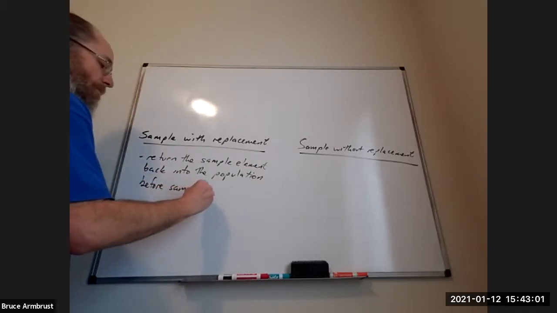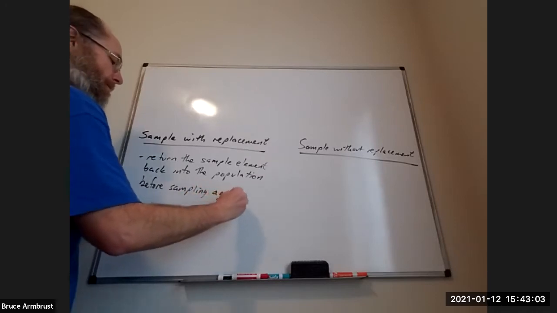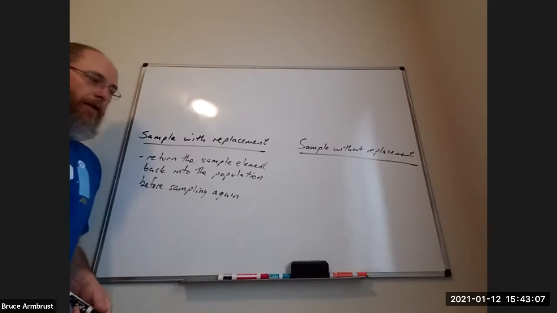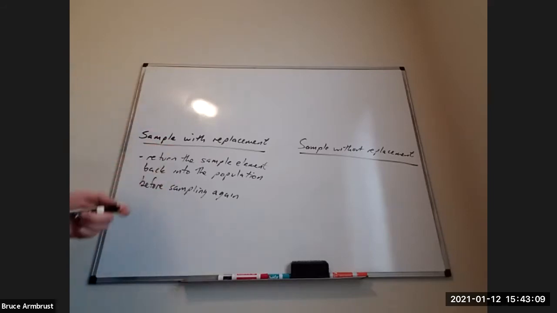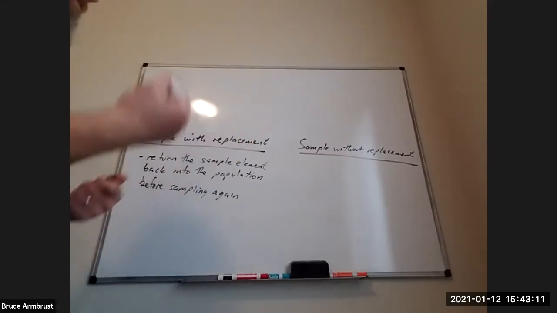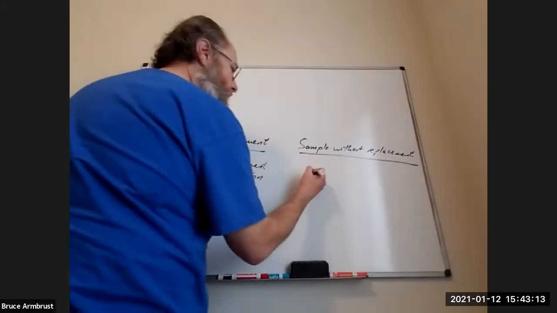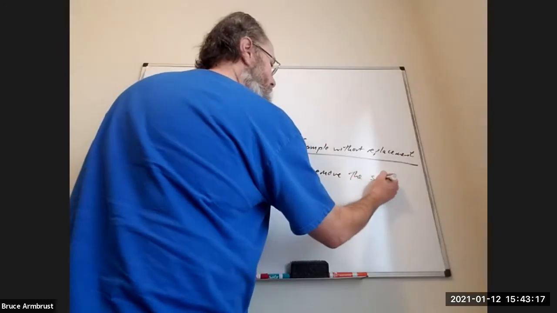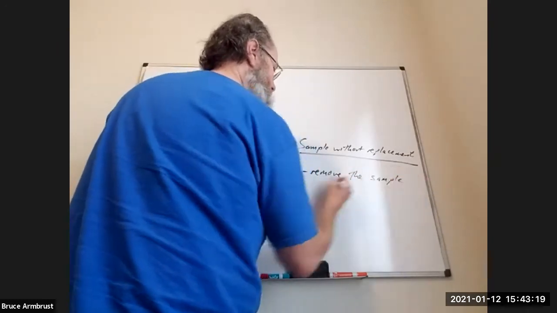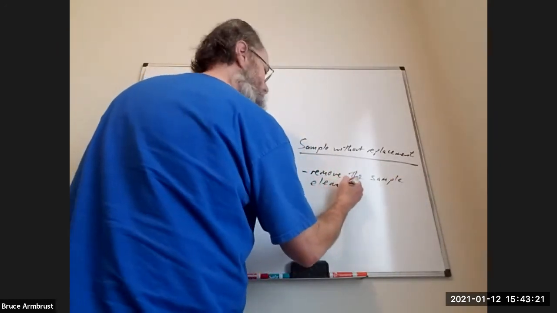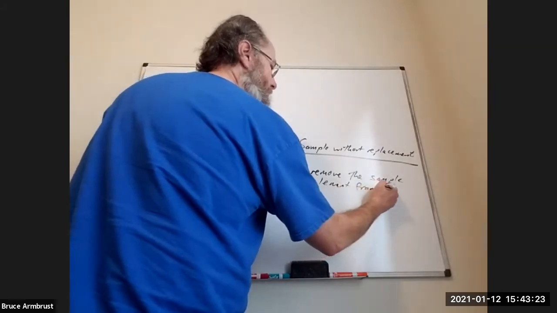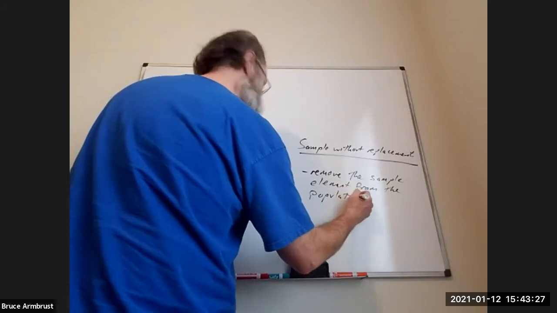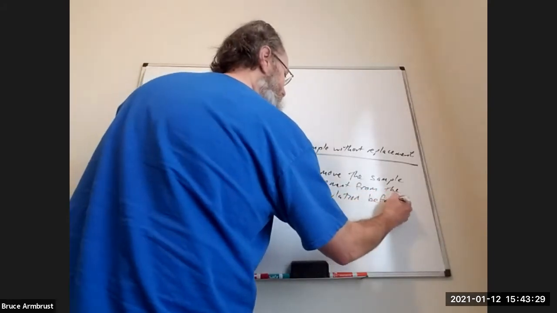I took that card out of the deck and slid it right back in. So that's sampling with replacement. Sampling without replacement is we remove the sample element from the population before sampling again.